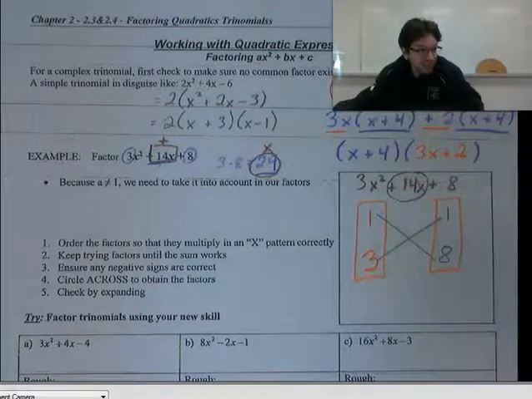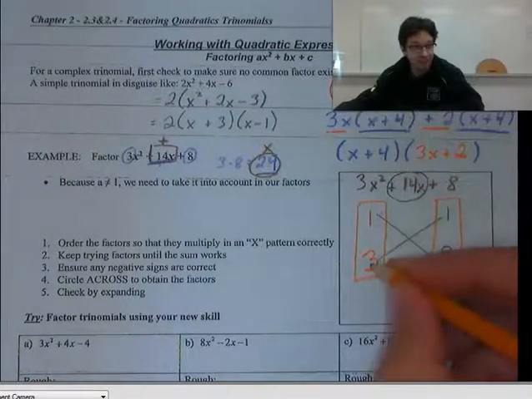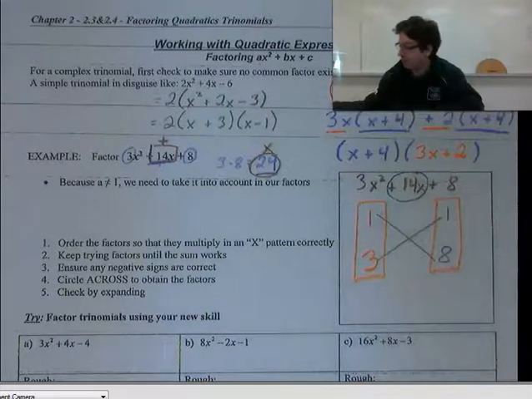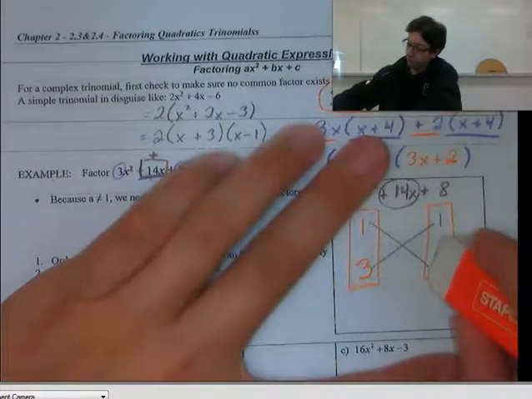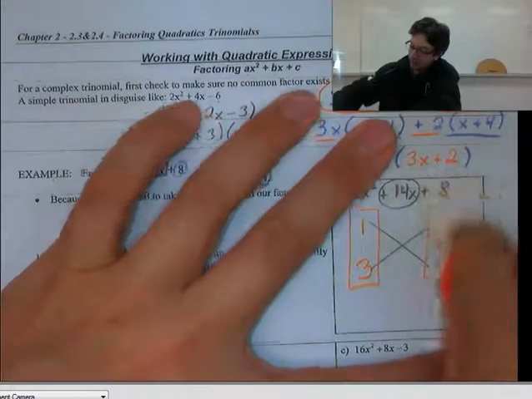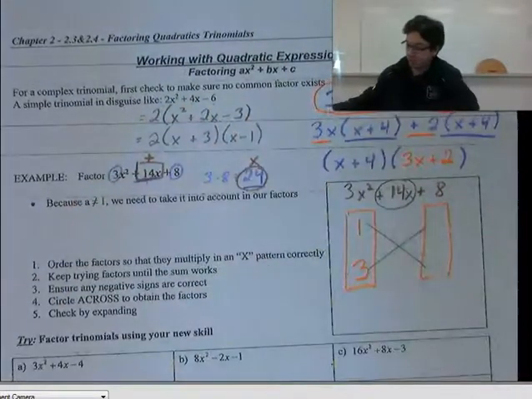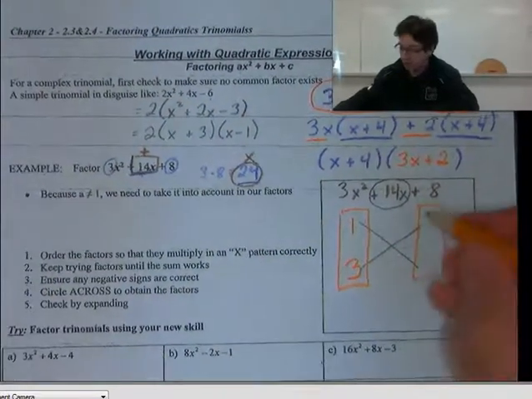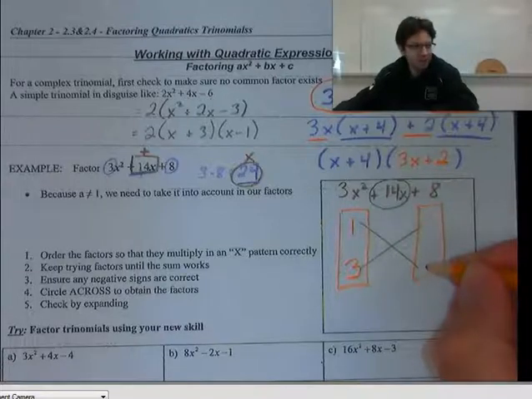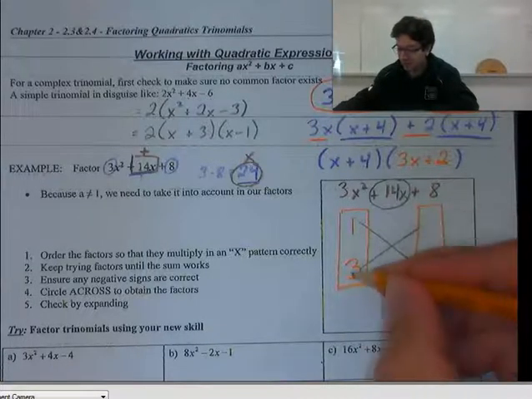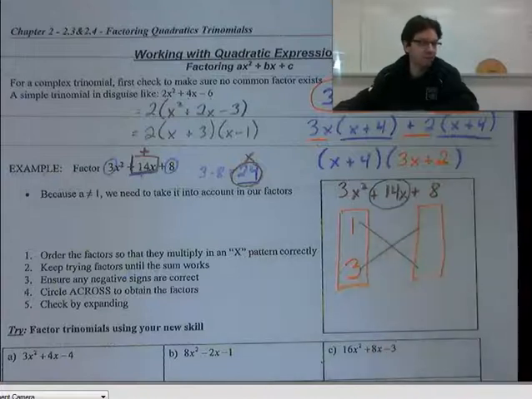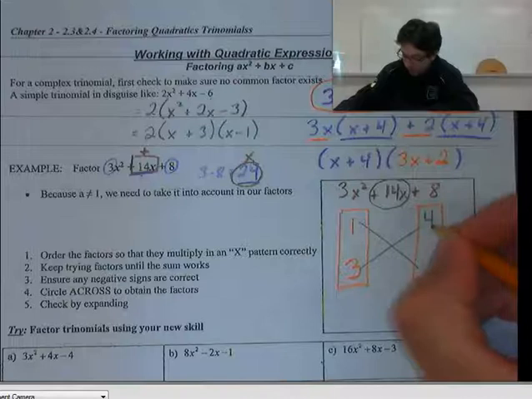In this case, it didn't work, right? 8 plus 3 is 11, not 14. So what we do, and this method really is more of a guess and check method, is we can try another combination. You might want to try 8 and 1, but you might not, because you might realize 8 times 3, no, it's way above 14, that's not going to work. So let's try 4 and 2, for example.